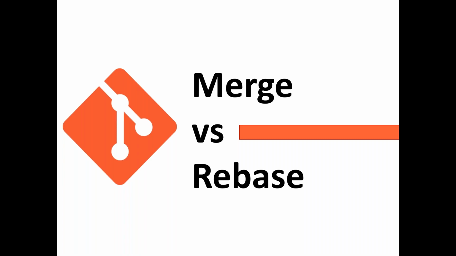But for certain reasons, we have to do a different type of merge, which is what we call rebase. Rebase is another way of merging, but it will not add a new commit ID.